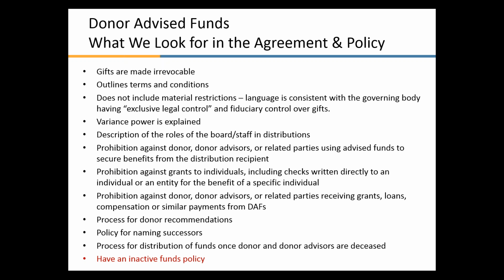We know many of you have inactive funds policies, but again, this is the time to really be looking at those and reviewing them, not just for standards, not just for the field, but because we know that Congress is looking at donor advised funds, and we want to show that community foundations run excellent donor relations programs and that all of their documentation about working with donor advisors is very well explained and follows the law and best practices.